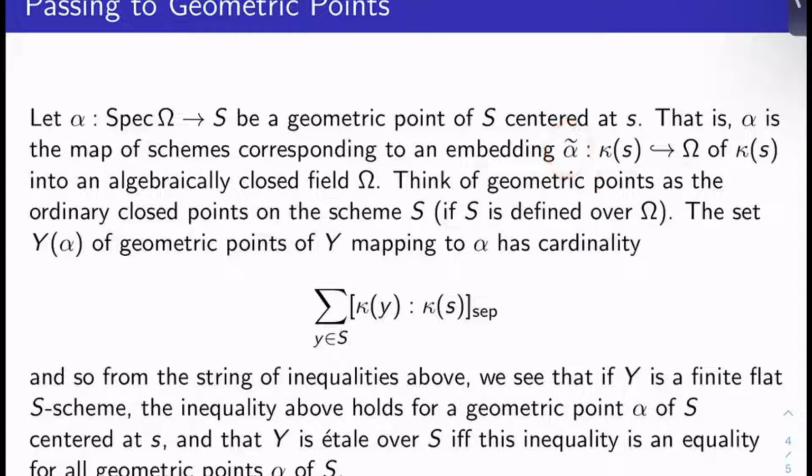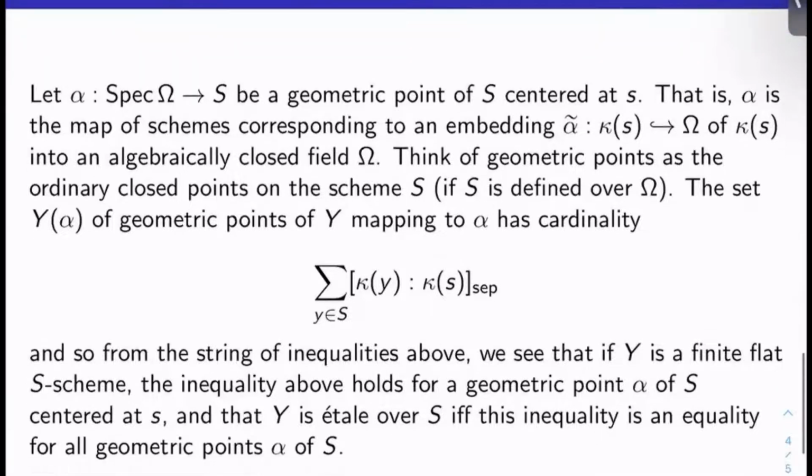And the point here is, to be a geometric point, omega should be an algebraically closed field. I mean, a geometric point of a scheme corresponds to a map spec omega into the scheme S, and omega should be algebraically closed. That's all there is to it.